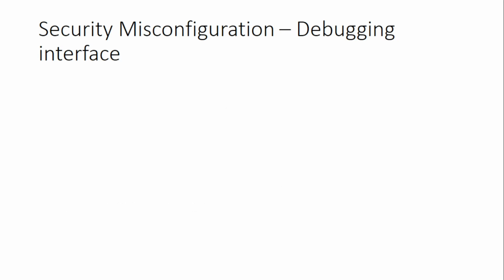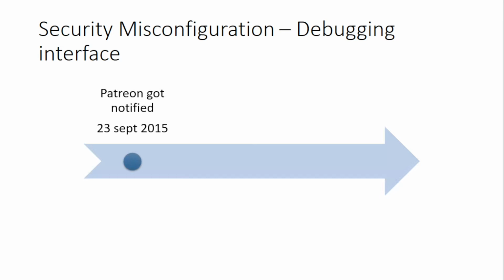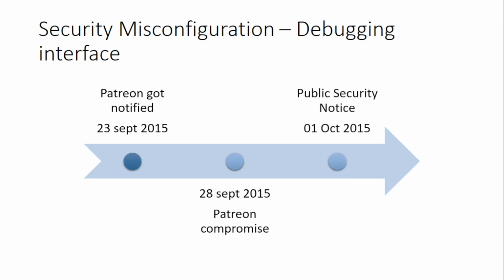One example of such a vulnerability was Patreon when it got hacked in 2015. Patreon was notified on the 23rd of September 2015 about an open debug interface for the Werkzeug console. That was just 5 days before it was compromised, and they published a public security notice on the 1st of October, 2 days after the compromise.